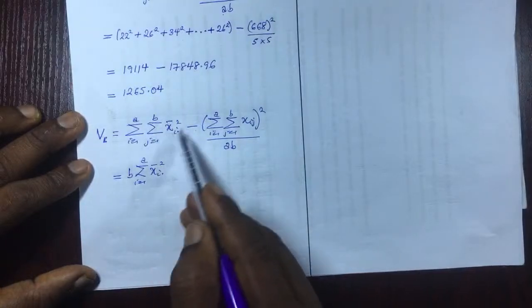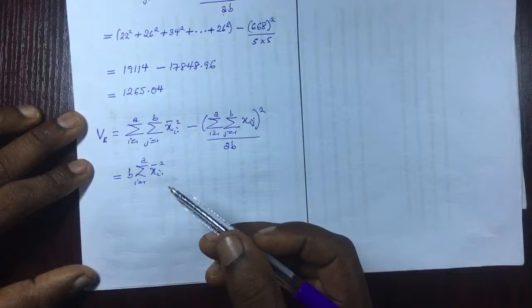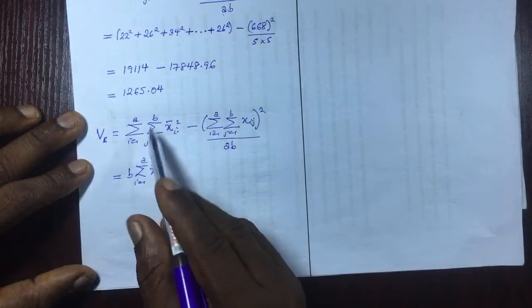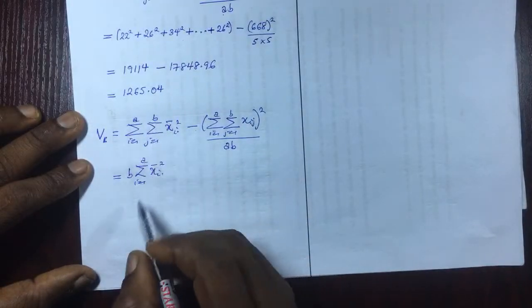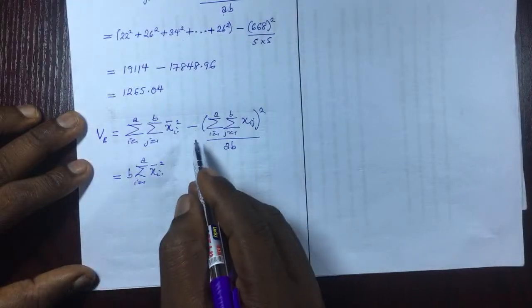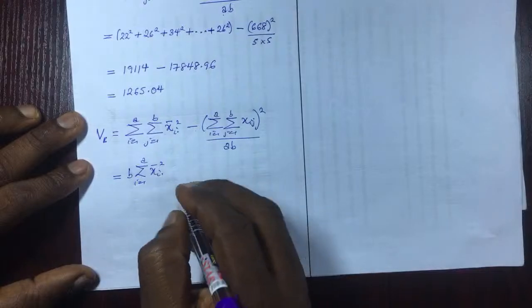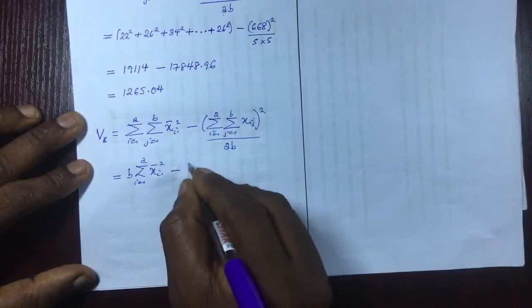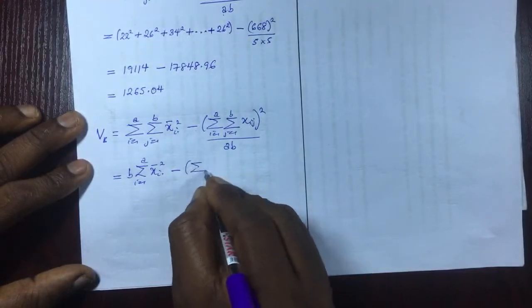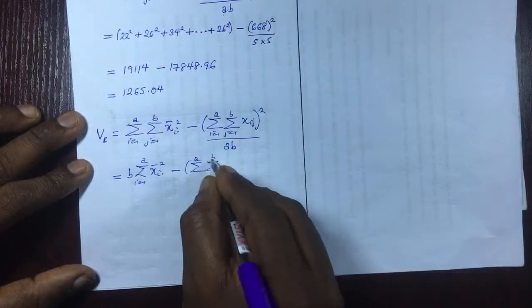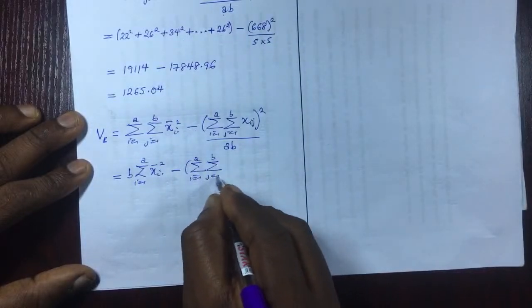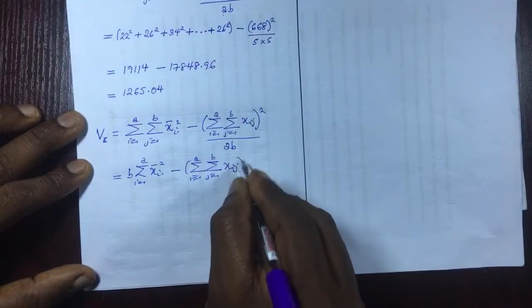The J sees this particular variable as a constant, and summing it up over B, you end up having B times the summation of xi bar squared from I equals 1 to A, minus the correction factor, of course. So this is just for simplification's sake, to make you understand what is going on here.